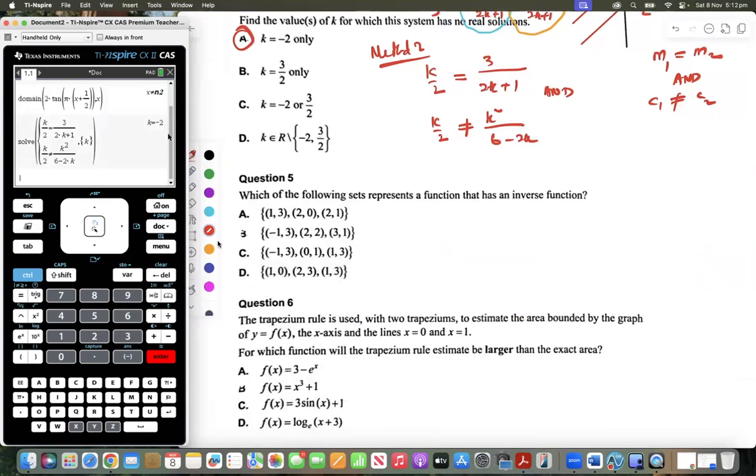Which of the following sets represents functions that has an inverse function? Okay. The coordinates, inverse function in the sense you need to have, it has to be a function first, right? So it has to be a function, which is the vertical line test, and it should be one-to-one to have the inverse function.